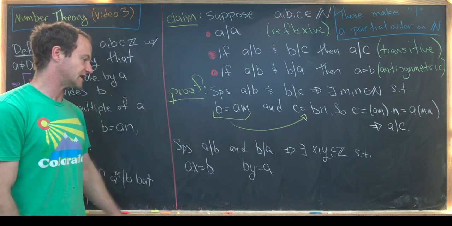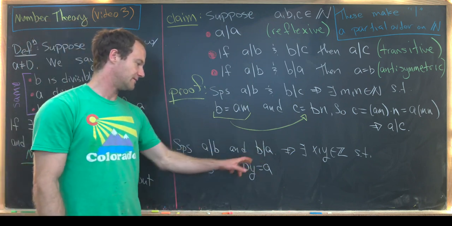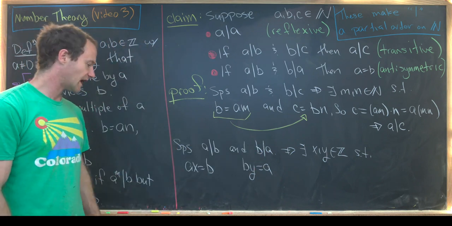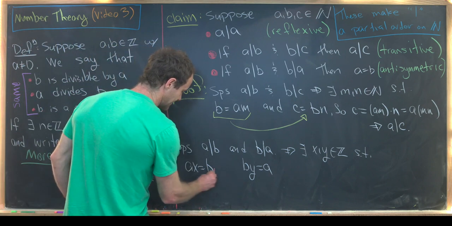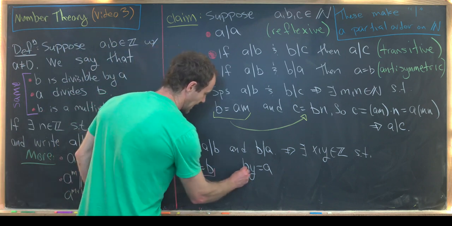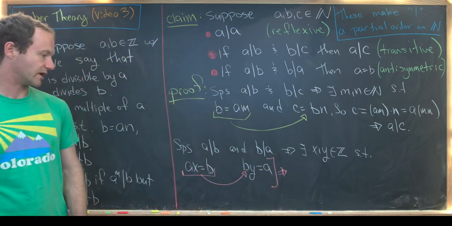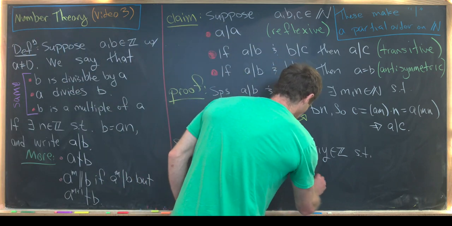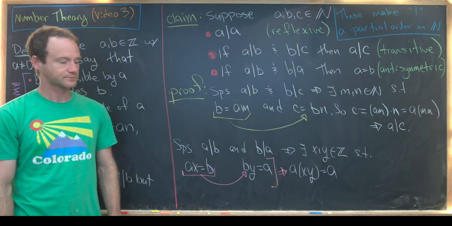So A dividing B means that B is a multiple of A. B dividing A means that A is a multiple of B. Okay, so now we want to mash these together. So let's maybe take this expression for B and plug it in here, and let's see what that ends us up with. So that's going to end us up with A times XY equals A. So I did the associativity there.